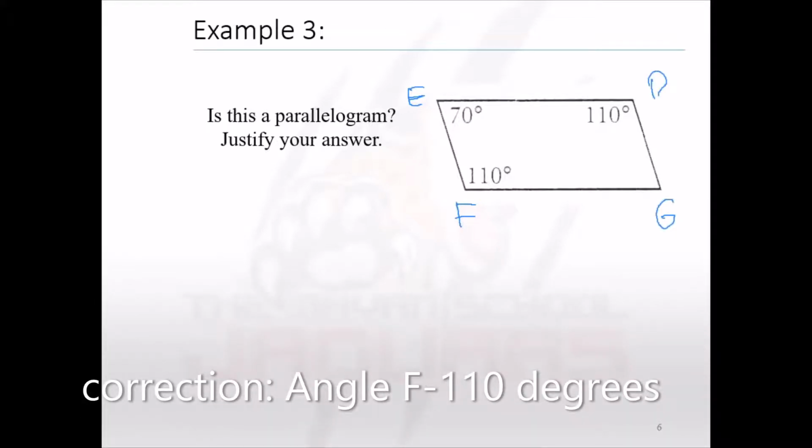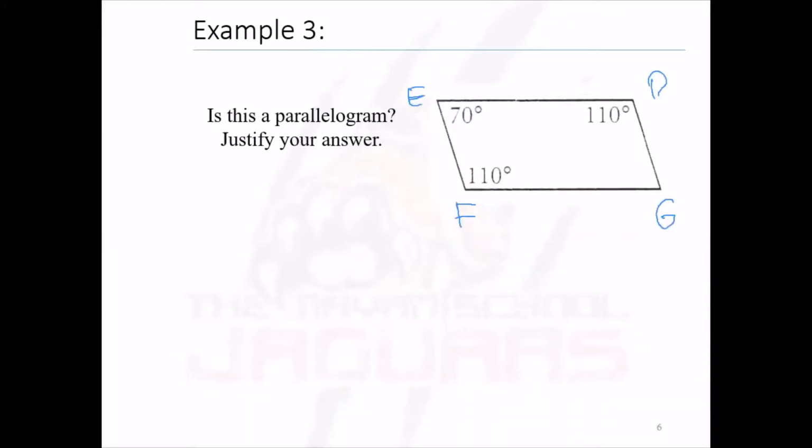I have the measure of the angle F, that is 170 degrees. And I notice that if I add the measure of angle E and angle F, they add up to 180 degrees. If I add the measure of the angle E with the measure of the angle D, 70 plus 110, they add up to 180 degrees.